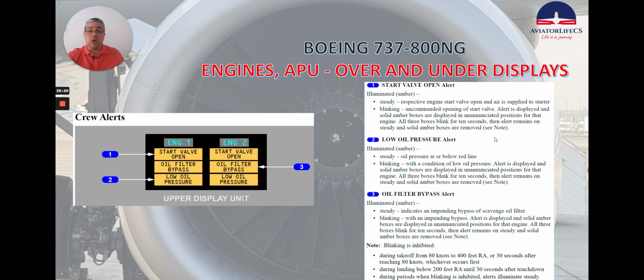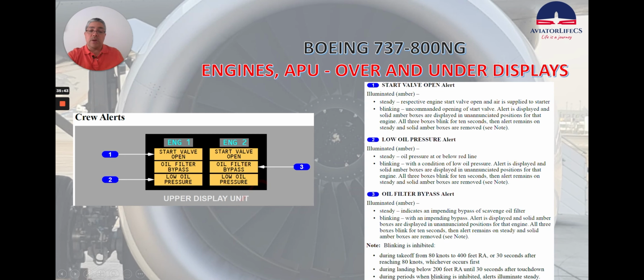So let's read what the note says here. Blinking is inhibited during takeoff from 80 knots to 400 feet RA or 30 seconds after reaching 80 knots, whichever occurs first. During landing below 200 feet RA until 30 seconds after touchdown.